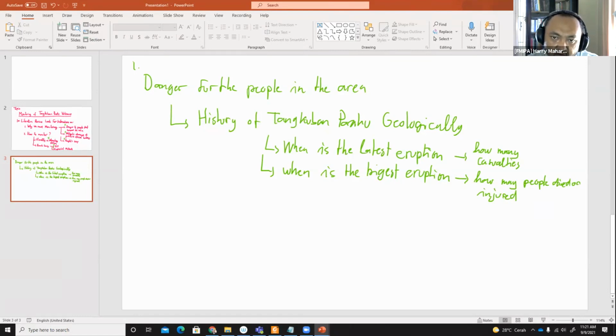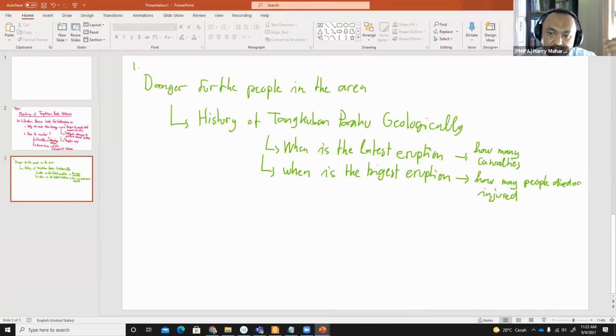Looking back at the history of the Tangkuban Perahu event in terms of its geology, we can look for information about its latest eruption, how many casualties happened in that latest eruption, and when the biggest eruption happened in the volcano, and how many people died or were injured due to the biggest eruption.